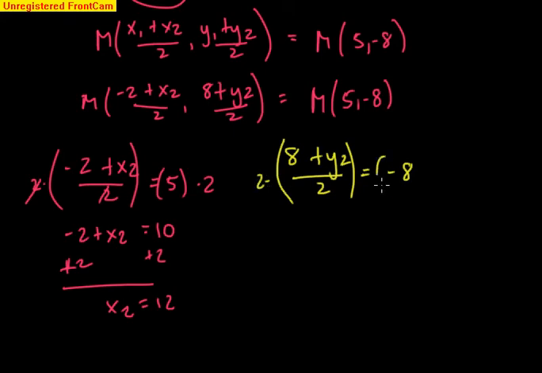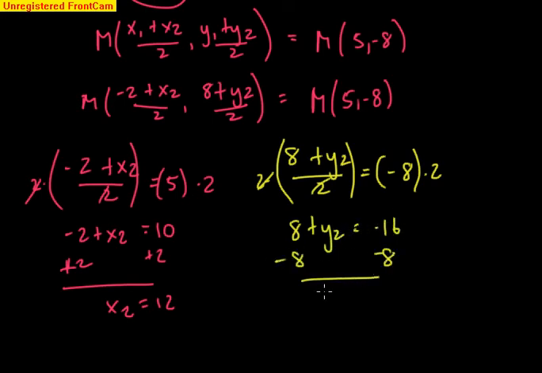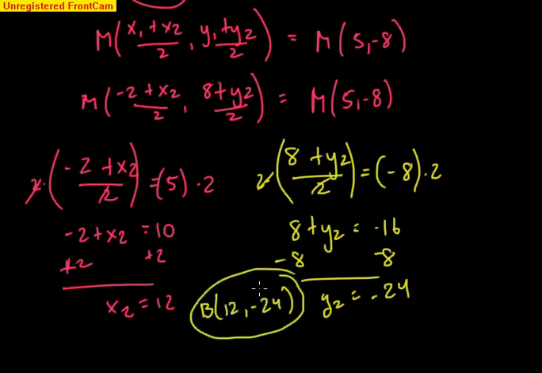Times 2 times 2. The 2's cancel. 8 plus y2 equals negative 16. Let's subtract 8 from both sides. We get y2 is negative 24. So the final answer for what B is 12, negative 24.